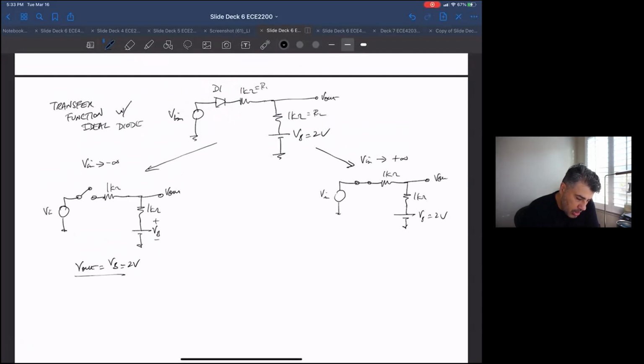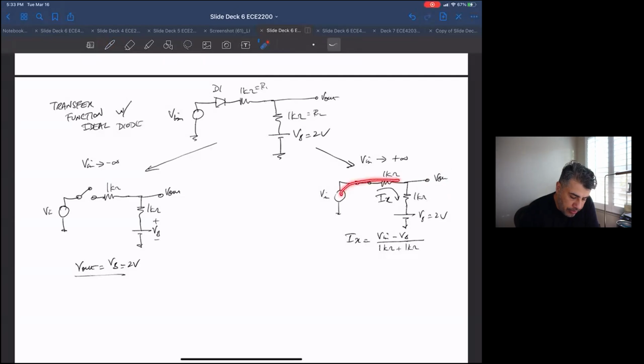There are a few ways to do this, but how I do it is I calculate the current I sub x, which is V in minus VB, flowing through here. This is the KVL. So I sub x is Vn minus VB over 1 k ohm plus 1 k ohm, those two resistors.